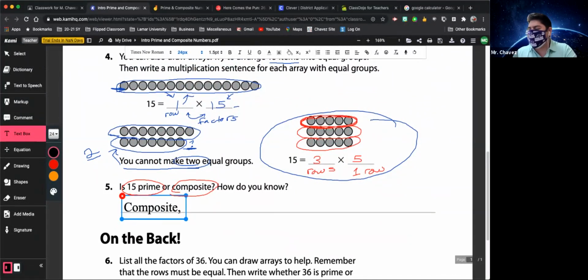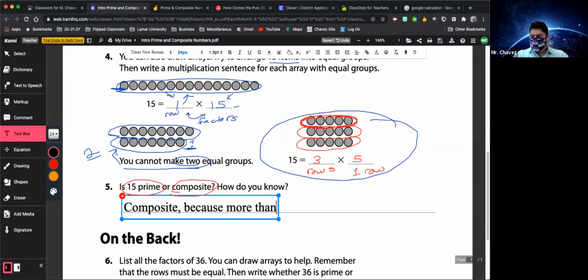How do you know? Let's answer the second part. How do we know it's a composite? Can someone share with me why 15 is a composite? Sir, a composite is a number that has more than 2 ways. Oh no, more than 2 factors, right? Yes, exactly.